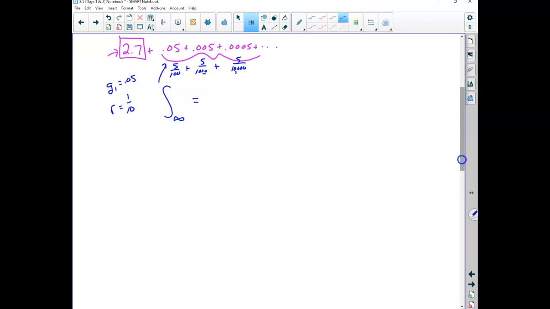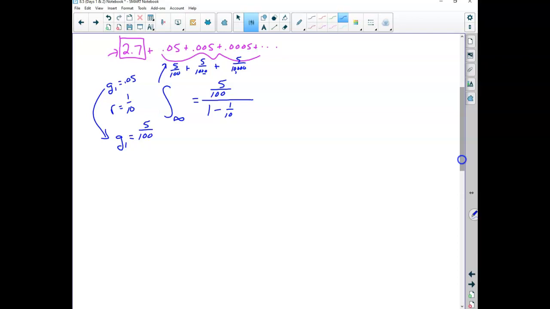So this sum is going to equal my first term, which is 5 over 100. Ooh, now watch, I will reduce this guy, okay? Notice my g sub 1 as a fraction would be 5 over 100, but check it out.